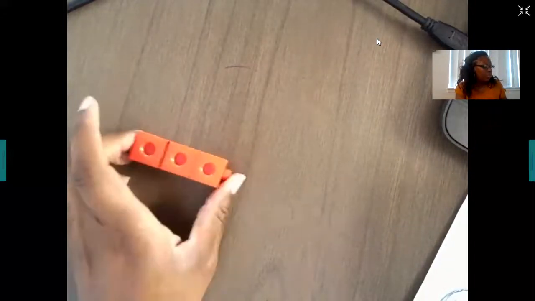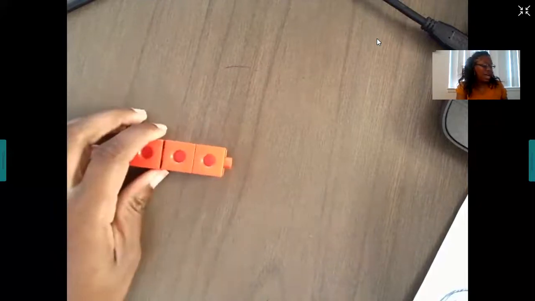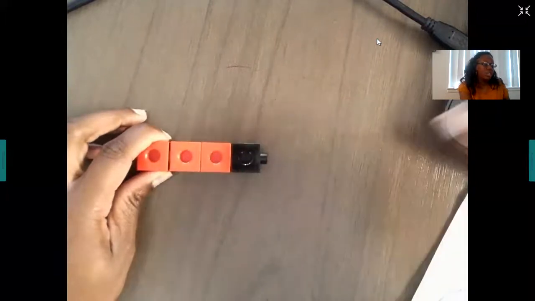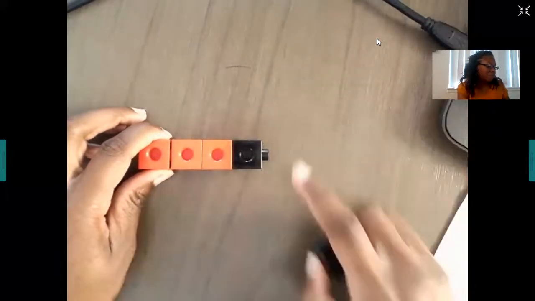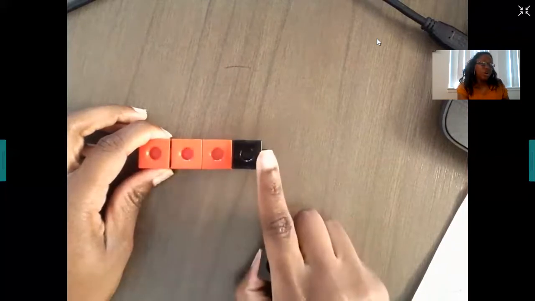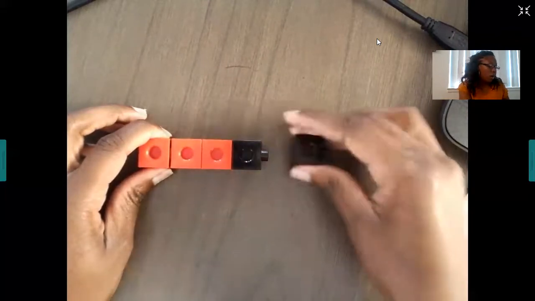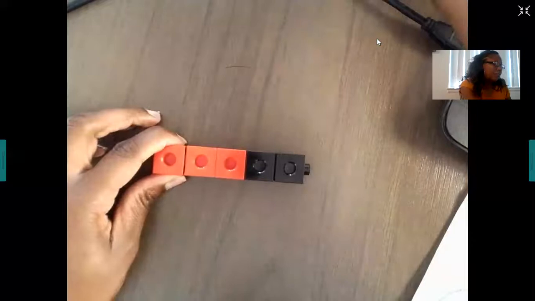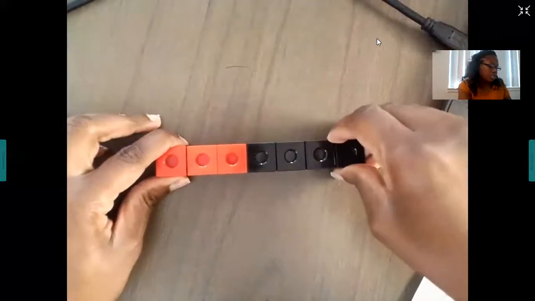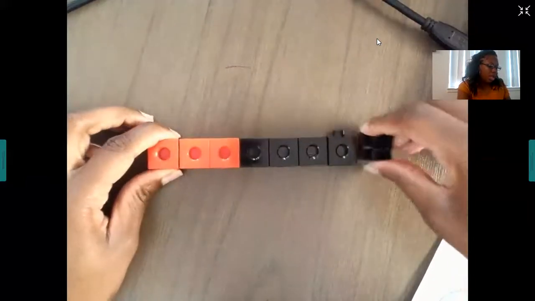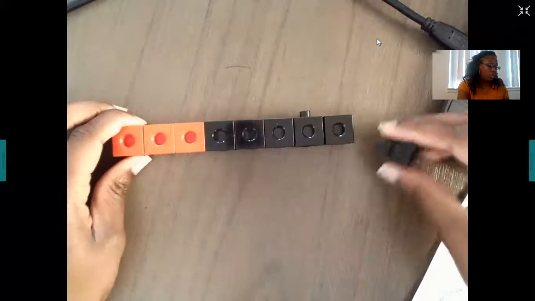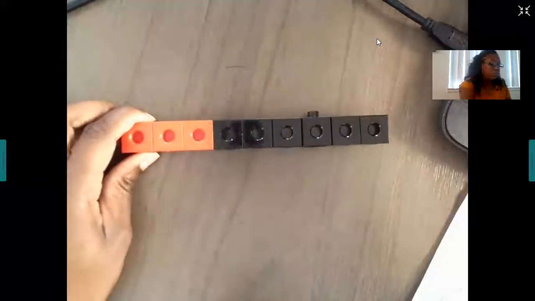Well, I'm going to leave 3 of my cubes as red, and I'm going to add more black cubes until I get to 10. So 1, 2, 3. Now I'm going to start on the black, which is 4, 5, 6, 7, 8, 9, 10.